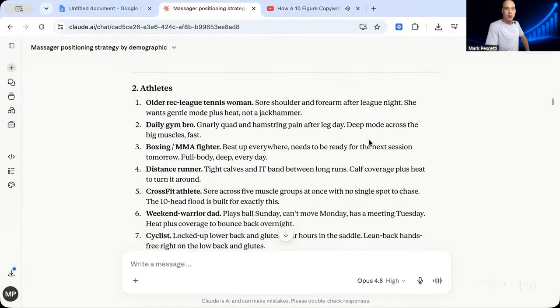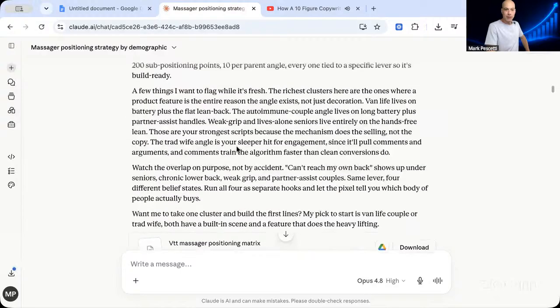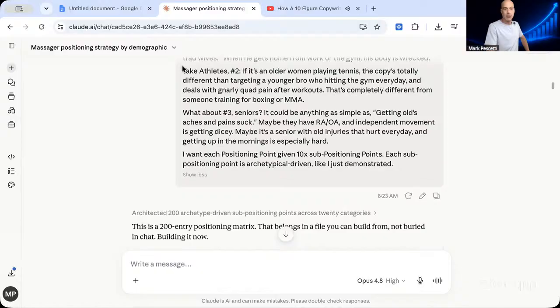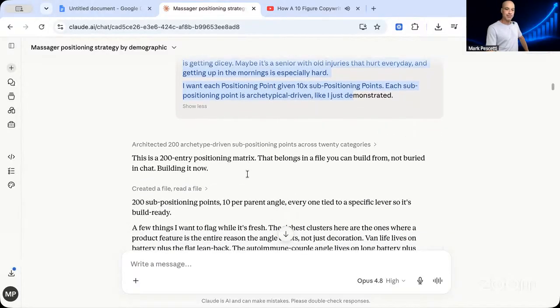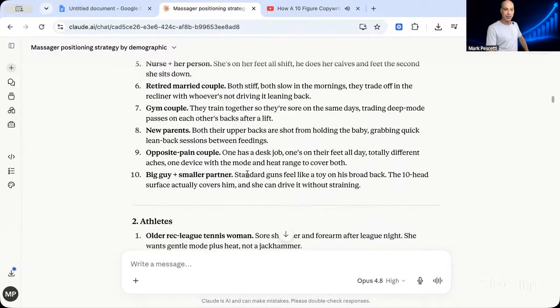So what I did here is get all of my sub-positioning points. I gave it examples of what these sub-positioning points are, and then I asked it to build them. Now, here they are. So we got couples, right?